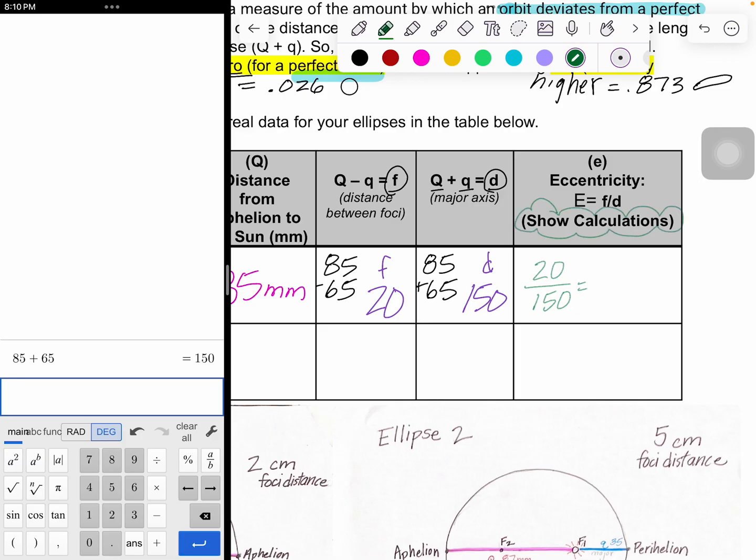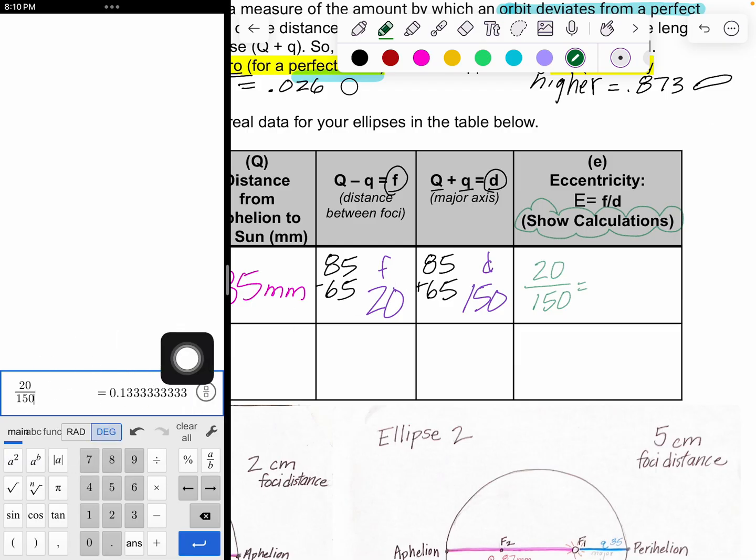That's because I want to make sure you've plugged it in correctly. So 20 divided by 150, and there is my small but very important decimal. Okay, and we're just going to round to the third decimal.